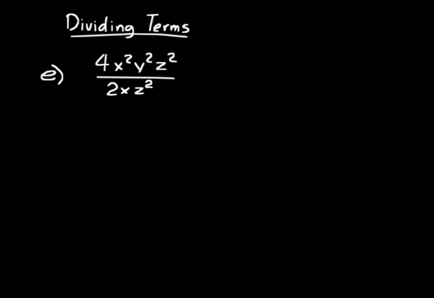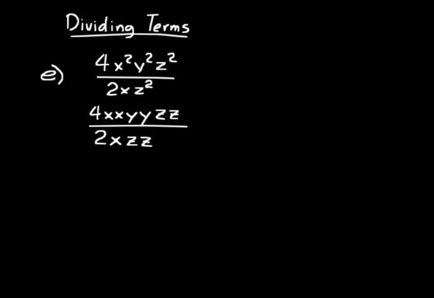So let's just go ahead and do this on this practice problem. We'll have 4x, x, y, y, z, z. Sometimes I put a slash in the middle of the z so it doesn't look so much like a 2. And then 2x, z, z.